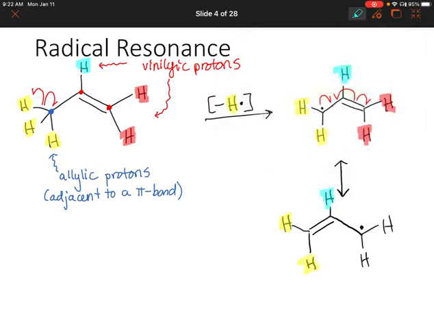And let me just highlight all our hydrogens here. So again, this looks very similar to carbocation resonance, except instead of a positive charge, we have a single unpaired electron. And we have to draw fishhook arrows instead of regular arrows.